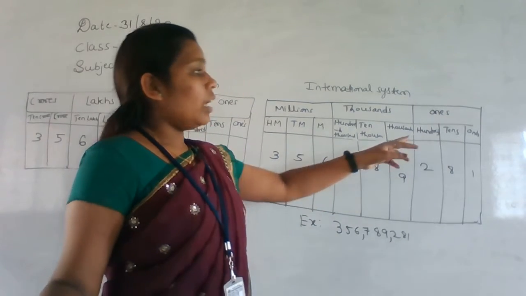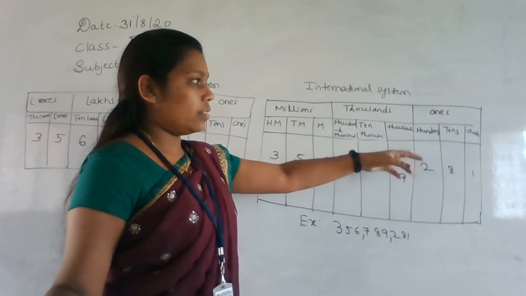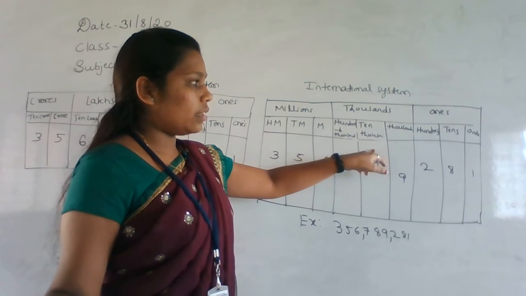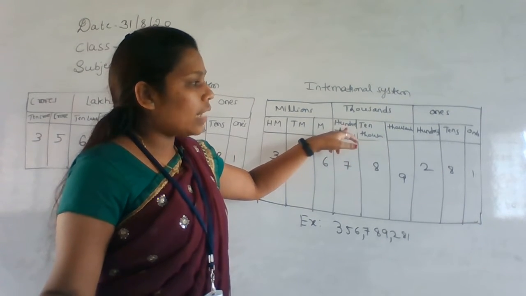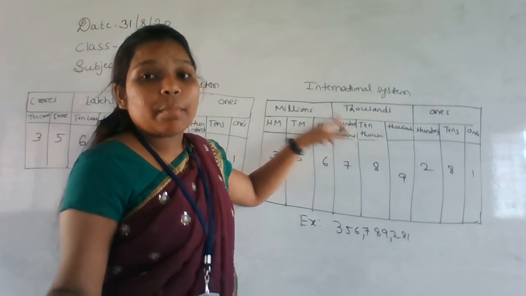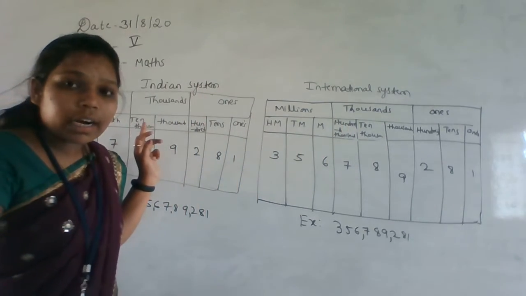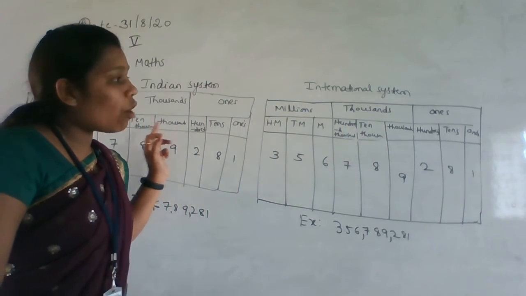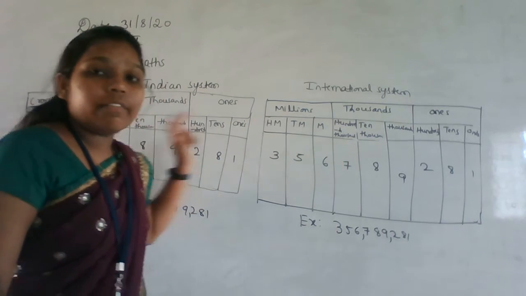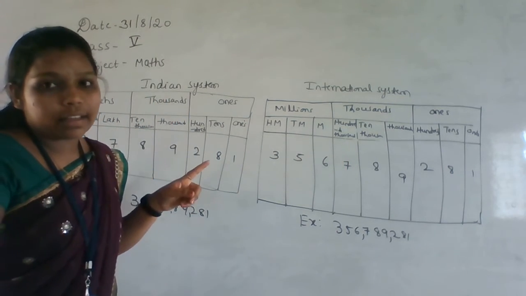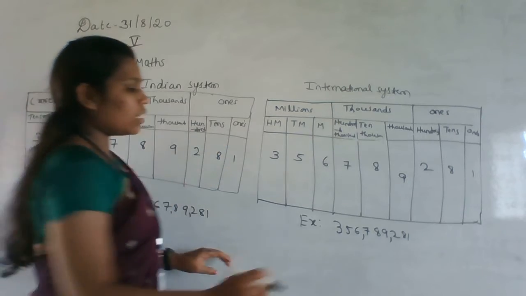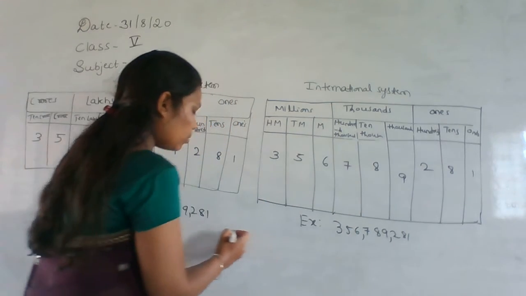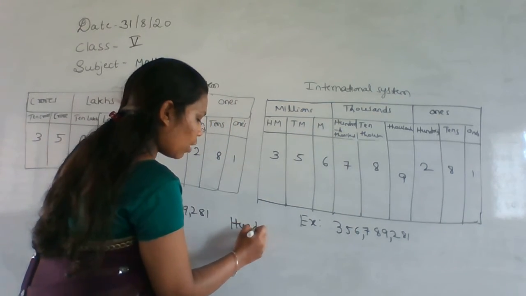Same, ones, tens, hundreds. Here thousands, 10,000s are there. Next here we have 100,000, but the Indian system does not contain 100,000. Instead of 100,000, we call it a lakh. So 100,000 is nothing but a lakh only.